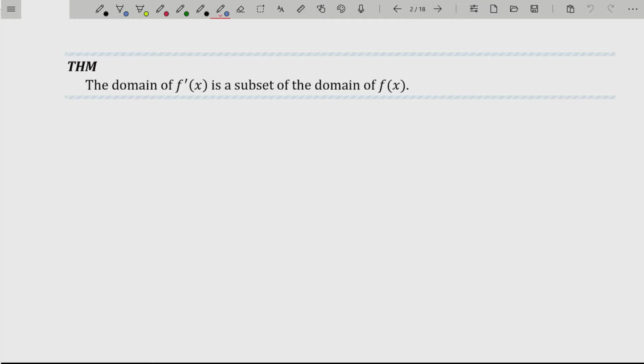What I mean by a subset: if the domain of f was, let's say, negative infinity to infinity, all real numbers, the domain of f prime could be negative infinity up to 0, union 0 to infinity. So it might lose a little bit of its domain.